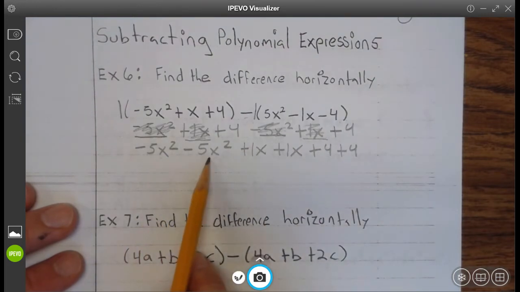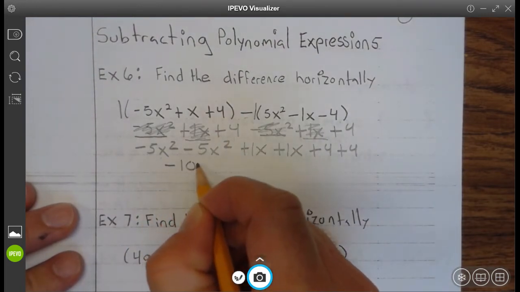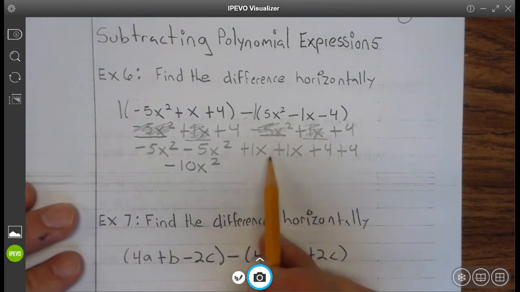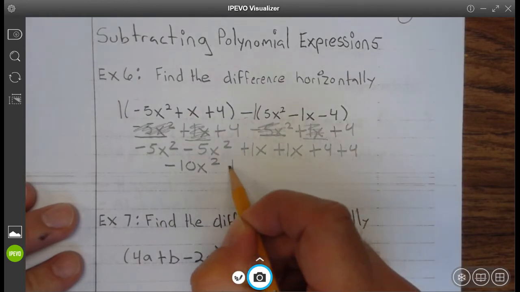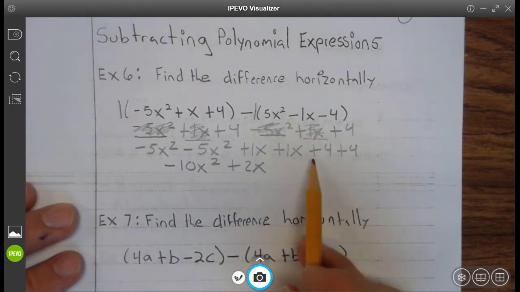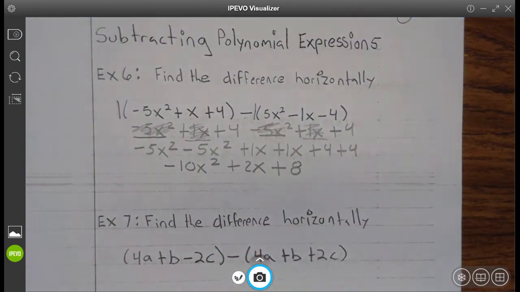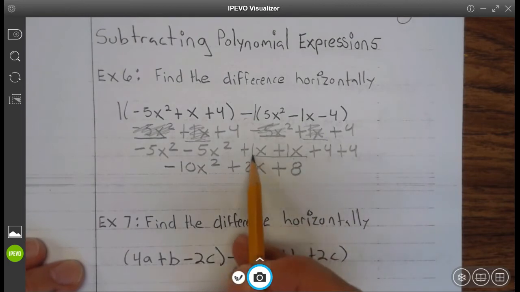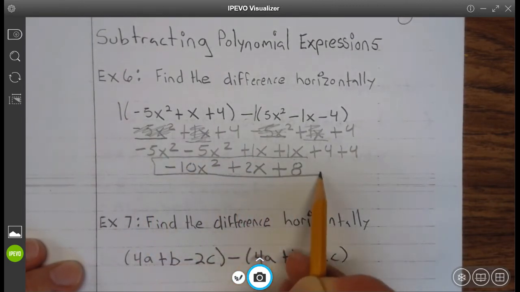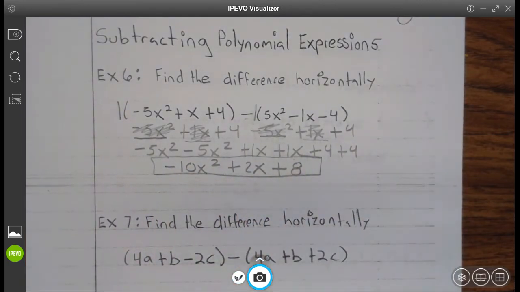So now negative 5x squared and negative 5x squared is negative 10x squared. 1x and 1x is plus 2x. And 4 plus 4 is 8. All right, go and finish up example 6.